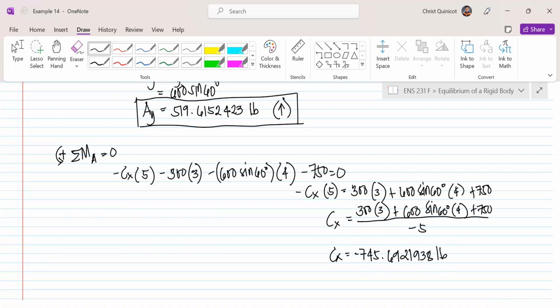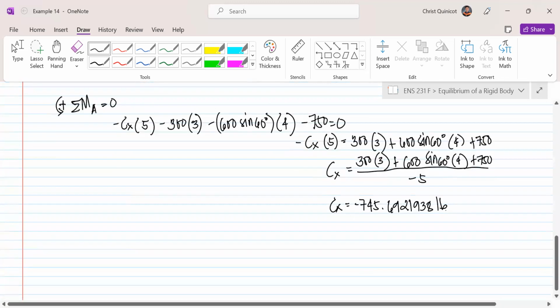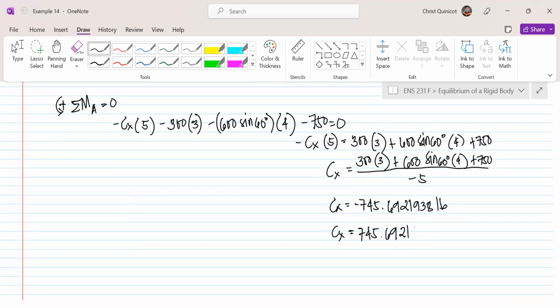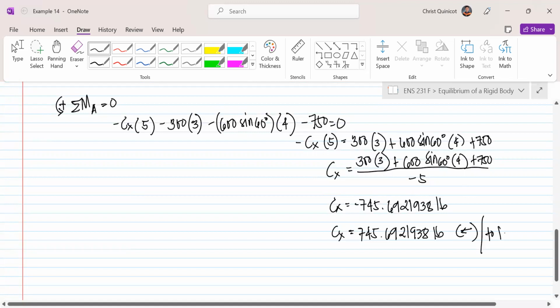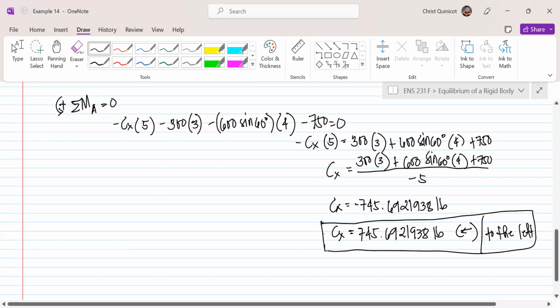Since we ended up with a negative answer, it means that C sub x is 745.692193 pounds. You either provide an arrow to the left, or you write the word left. So this is our C sub x.